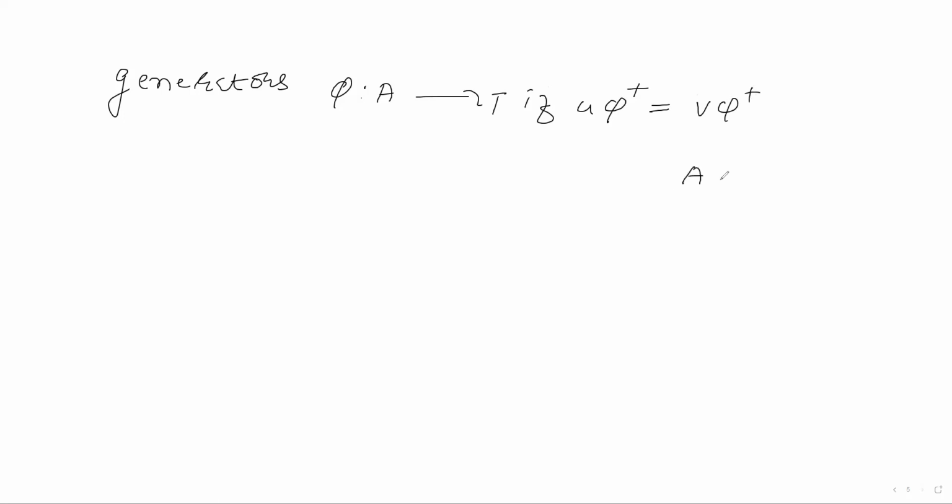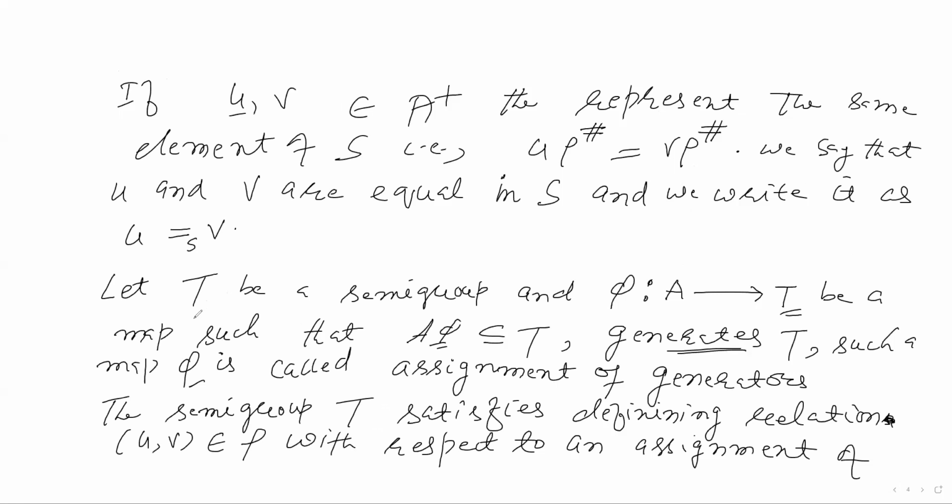You have the set A and the inclusion map from A to A plus, and you have here phi, and this is your T. By the definition of free semigroup, because A plus is a free semigroup, this phi can be extended to a surjective homomorphism phi plus from A plus to T by the free semigroup criterion. So suppose you have a semigroup T and an assignment of generators phi, and you take any two elements u comma v in the relation rho, where rho is a binary relation on A plus.